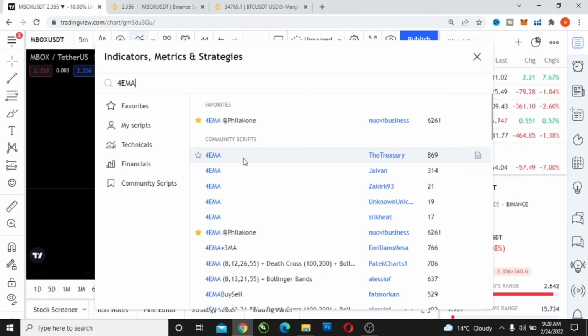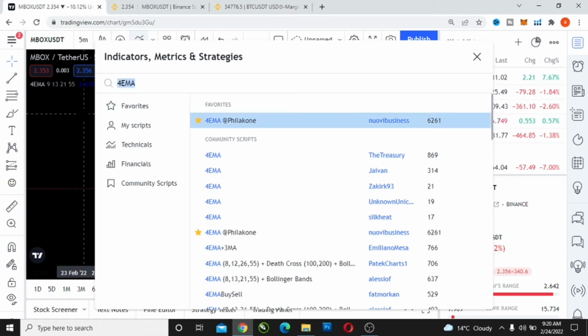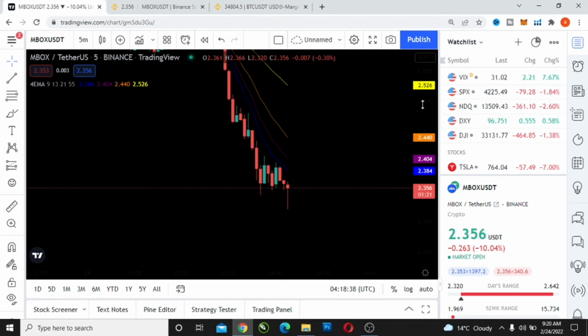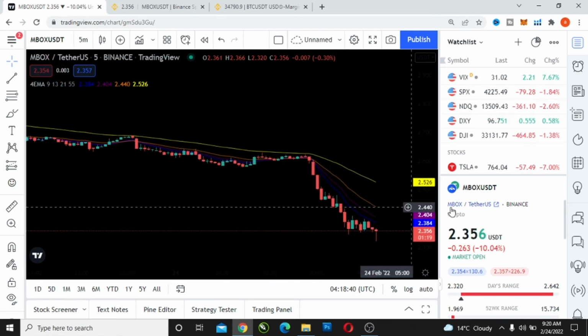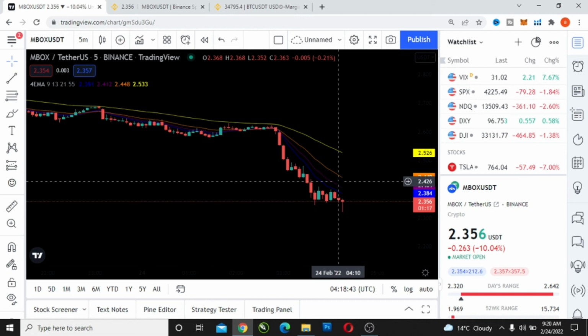You will see a lot of EMA options, but you have to select the 4 EMA. So I have selected 4 EMA over here, and something like this will appear. These 4 particular lines will appear on your screen.